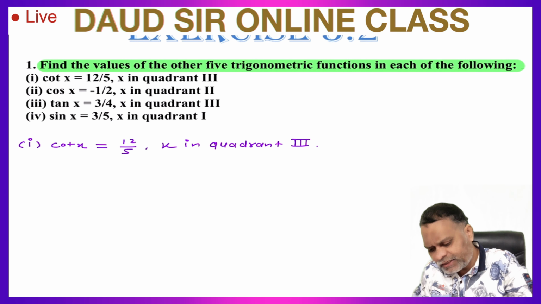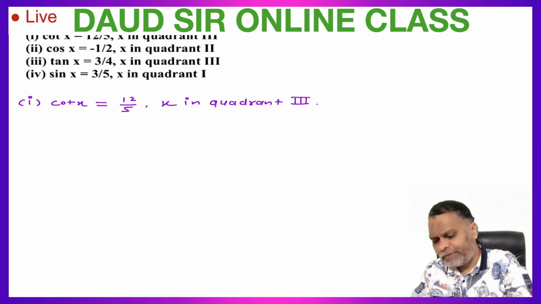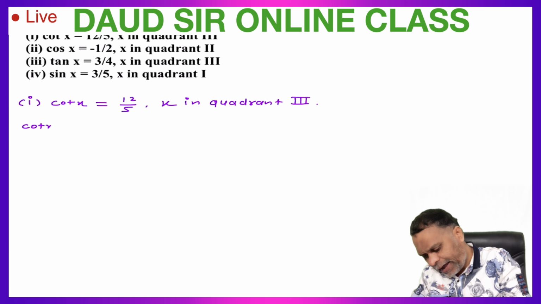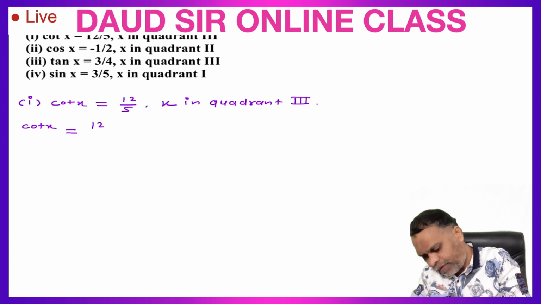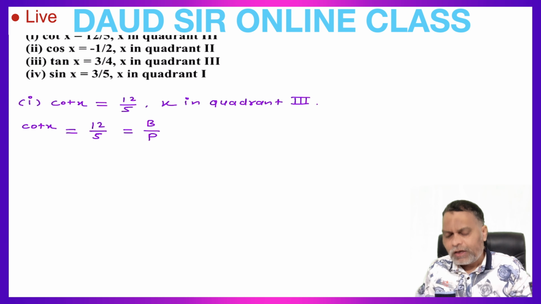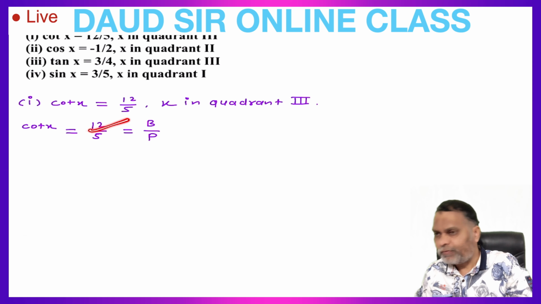This cot x is equal to 12 upon 5, it is given. Cot x is equal to base upon perpendicular, and cot is positive in the third quadrant, that is why this value is positive.